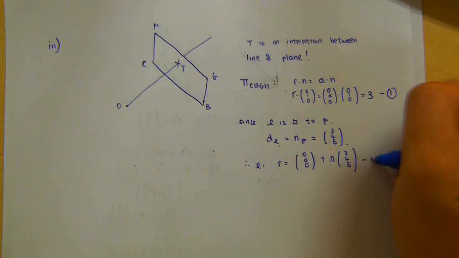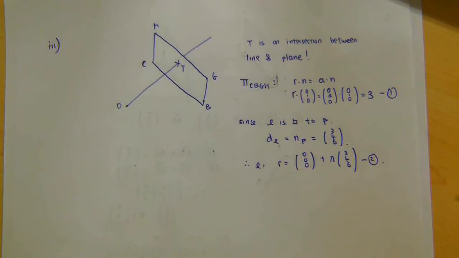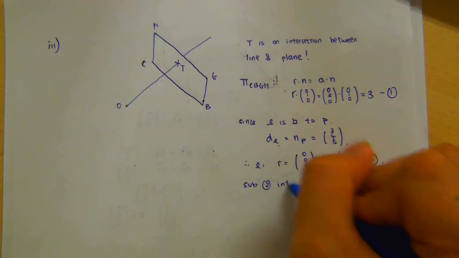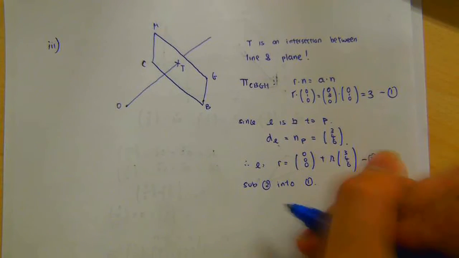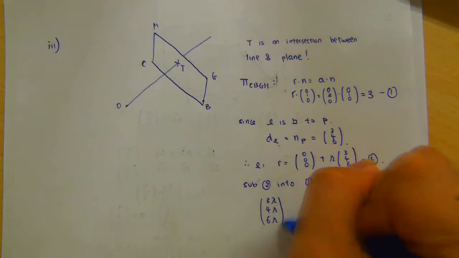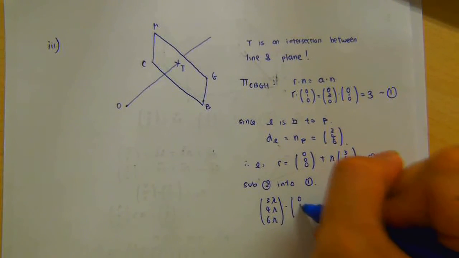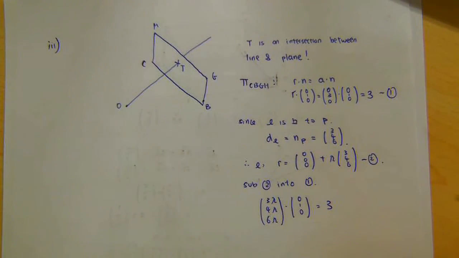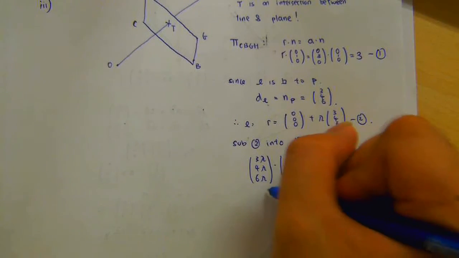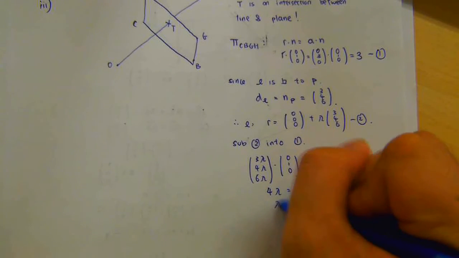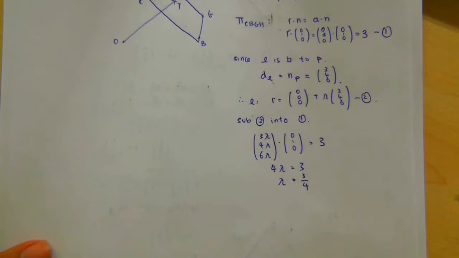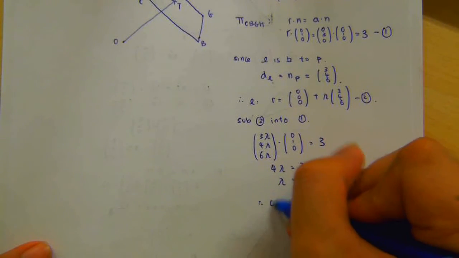We have the plane equation and the line equation. To solve for the intersection, we basically equate them together. Once we equate them, we can solve for lambda. Lambda in this case will be 3/4. And substituting this back into the line equation, we can get OT.